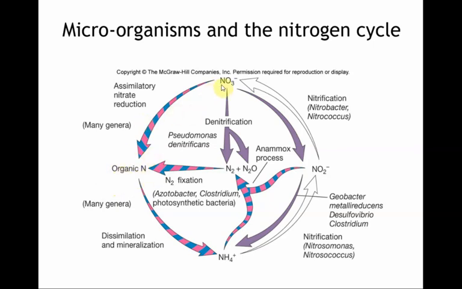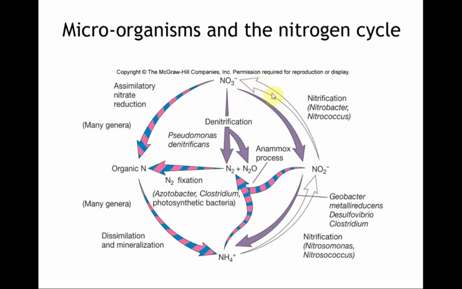So a lot of bacteria will reduce nitrate first to ammonium and then incorporate that ammonium into their amino acids. Some bacteria, nitrogen fixing bacteria and cyanobacteria, can reduce nitrogen gas in the atmosphere into ammonium and then incorporate that into amino acids, like Azotobacter and cyanobacteria.